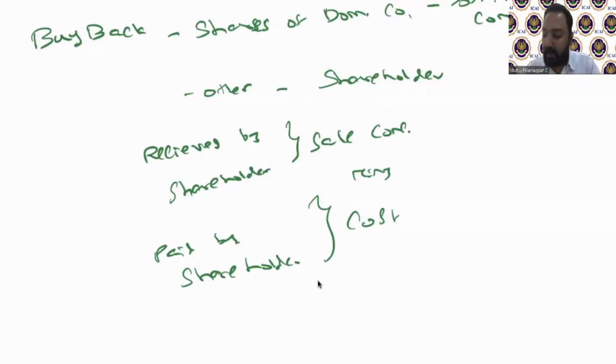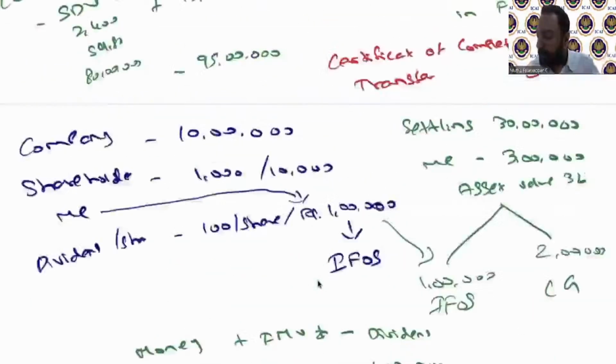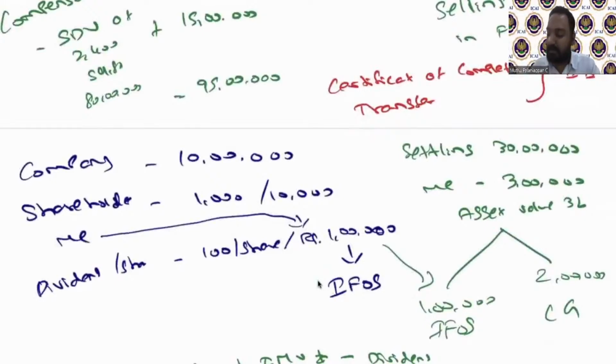So Kavita, you want to know how this 1 lakh came? Okay, I'll explain this liquidation again. See, liquidation is the winding up of a company. Let's assume there is a company which has a profit of 10 lakhs, and there are shareholders.